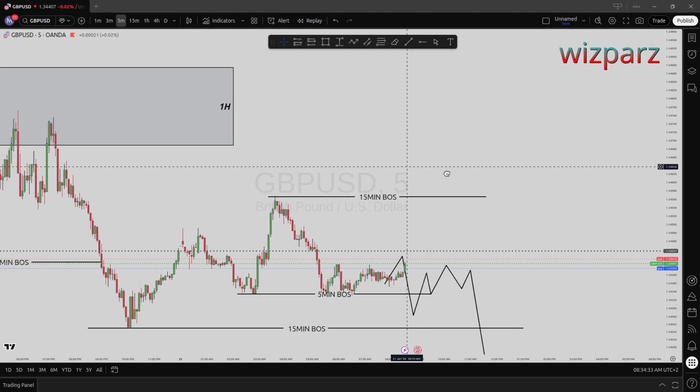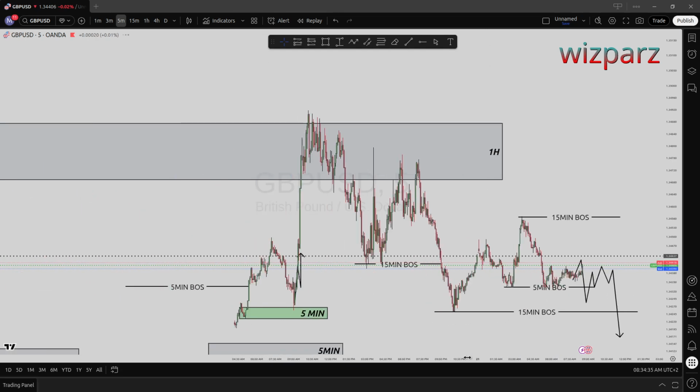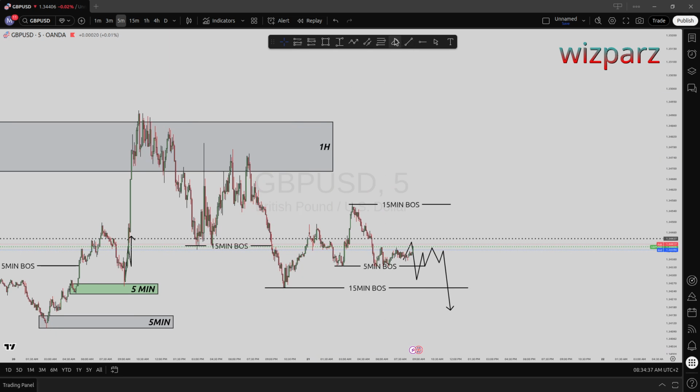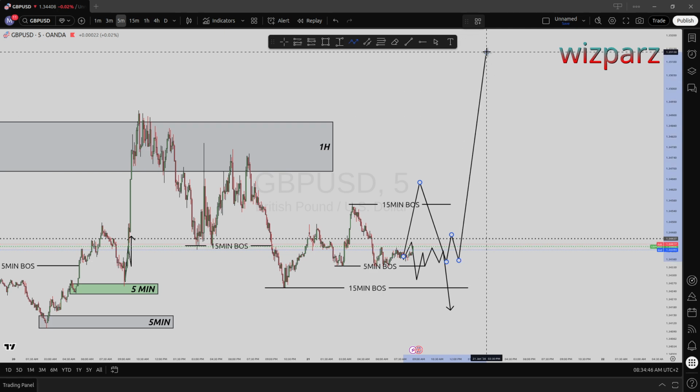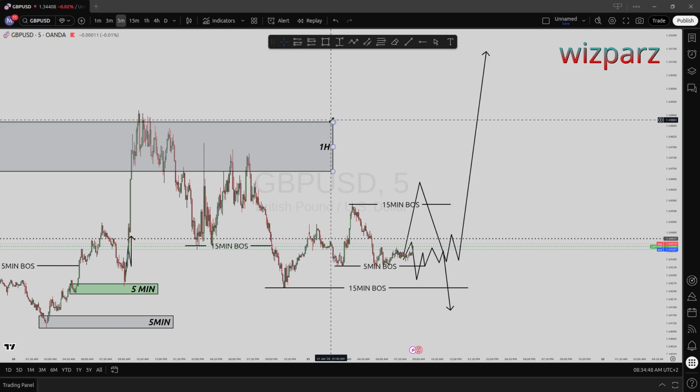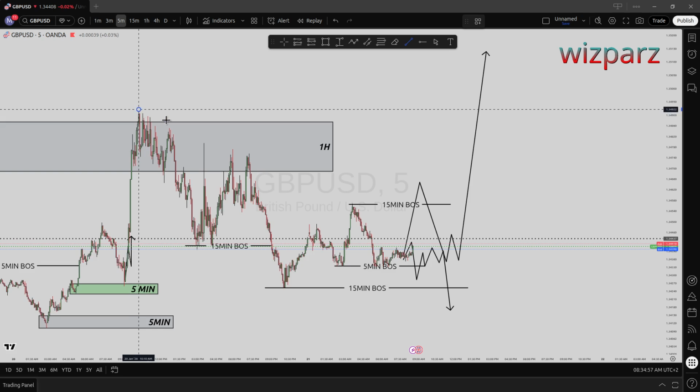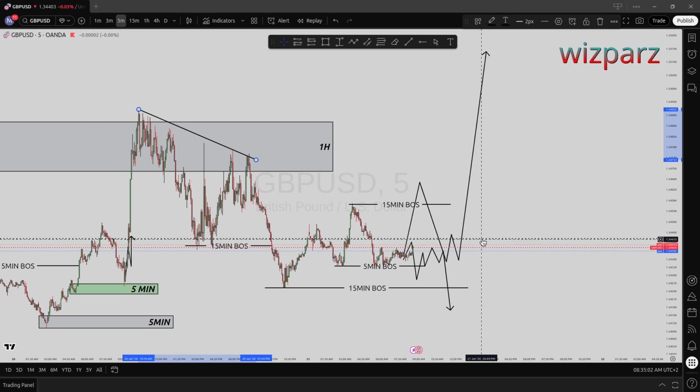And if price breaks this structure, I'm going to look for long, targeting price to break this 1 hour zone and clear out all of this liquidity formed here. And that is what I am looking at on GBPUSD.